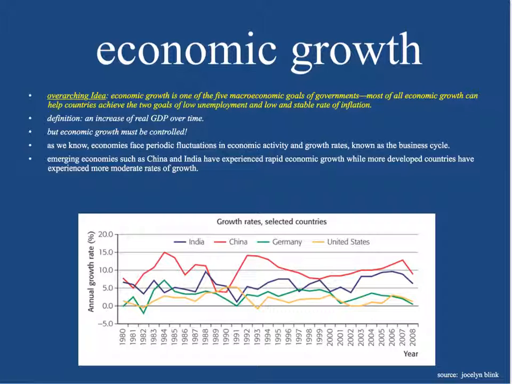So let's just take a look at one other fact, and it kind of makes sense that emerging economies, and this graph shows us the economies of India, China, Germany, and the United States, have experienced rapid growth while more developed countries have experienced more moderate rates of growth. And one really stupid way of remembering this is, if you think about economies as people, a young emerging person grows at a more rapid rate than an adult, right?